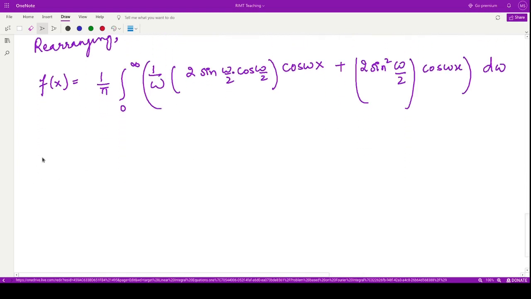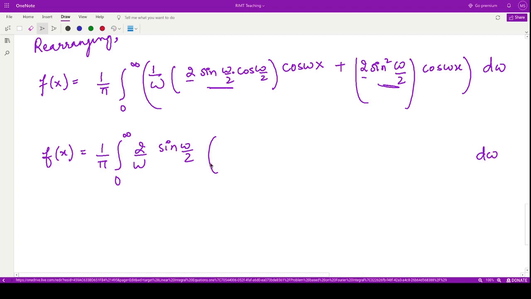So this is what we have here. I can also rearrange it a little bit over here. So I have 1 by pi as such, integration from 0 to infinity, and now I can take this 2 common, so it would be 2 by omega, and then I can also take sine omega by 2 common, so it would be sine omega by 2, and then in the brackets I would be left with cos omega by 2 cos omega x plus sine omega by 2 sine omega x.